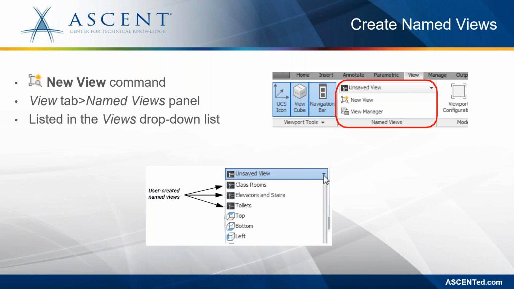The new view tool is available in the view tab, named views panel of the ribbon. You can see that on the screen. Once a named view is created, it is automatically listed in the named view list, which is also available along with the new view tool, again in the named views panel of the ribbon.